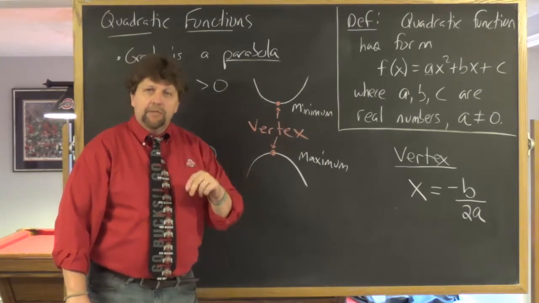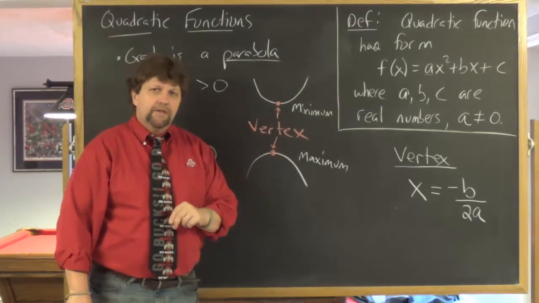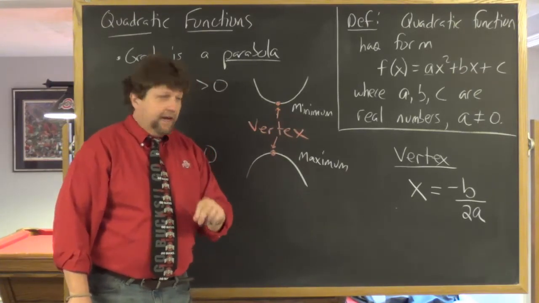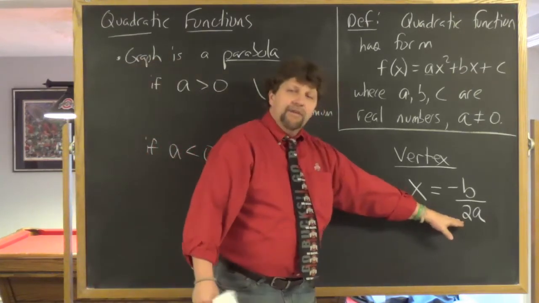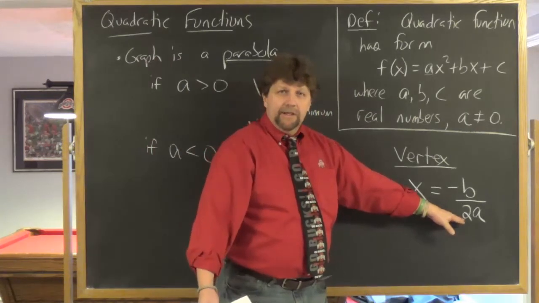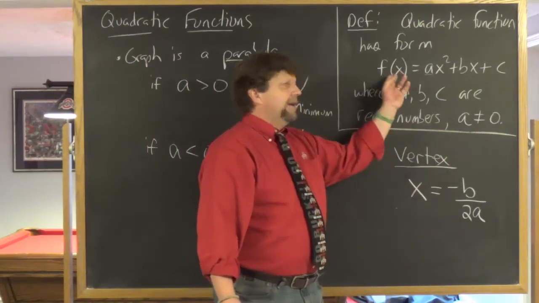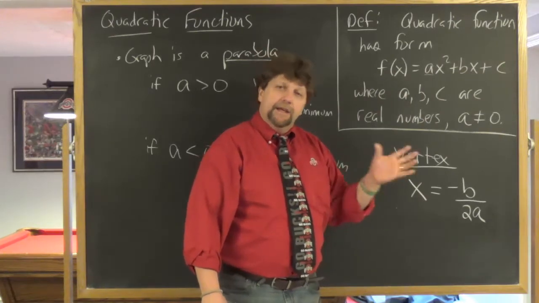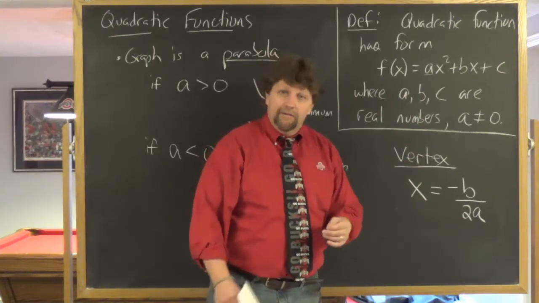But you'll need to determine the y-coordinate of the vertex as well. In order to get the y-coordinate of the vertex, you take whatever number this ends up being, and you toss it back into the function for x. You're evaluating the function, and that will tell you the y-coordinate of the vertex.